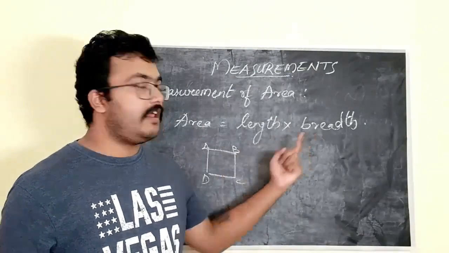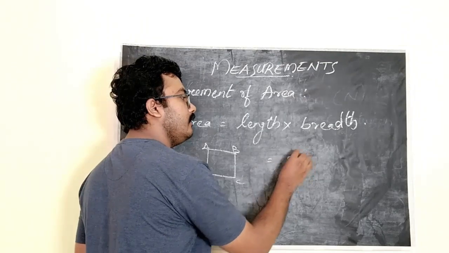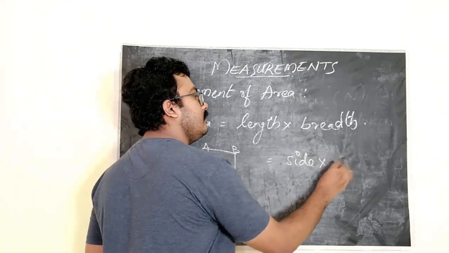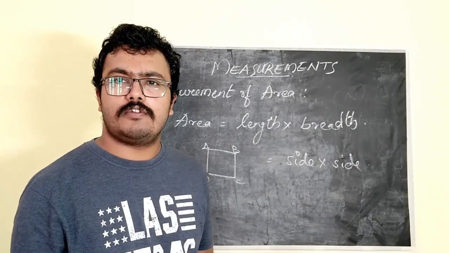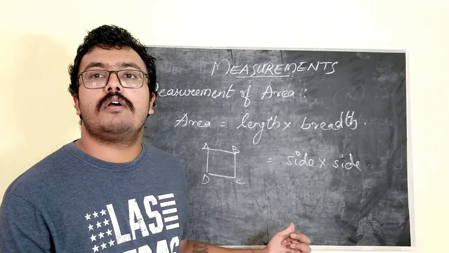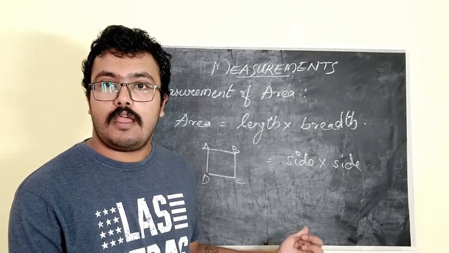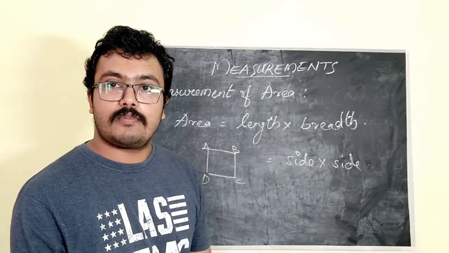So there you don't have length into breadth. There you get side into side. So this is the difference. Only in your square there comes an exceptional case. Others are length into breadth, always the same thing, right?